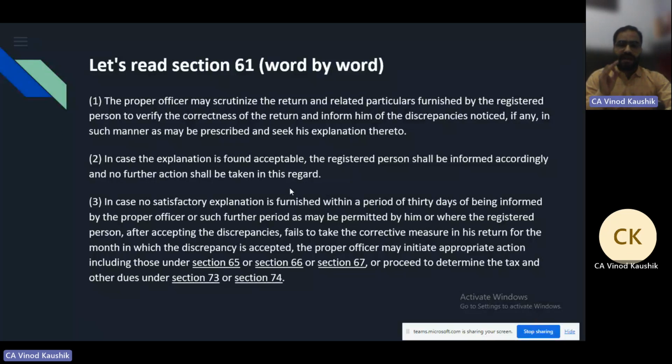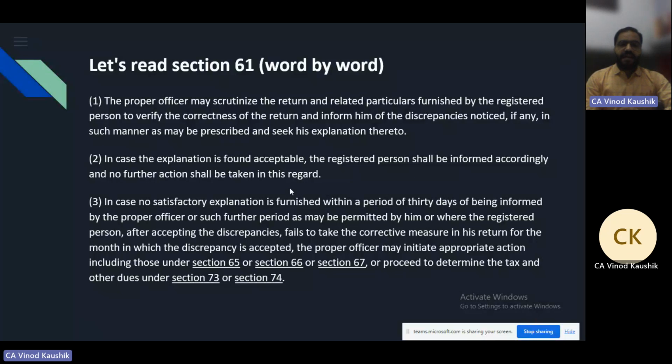So the first step is to scrutinize the returns and related particulars. Related particulars, you can say, the particulars which are filed along with the returns. So the first subsection is clear that the primary step is to scrutinize the returns.